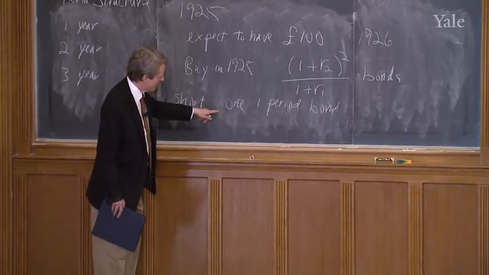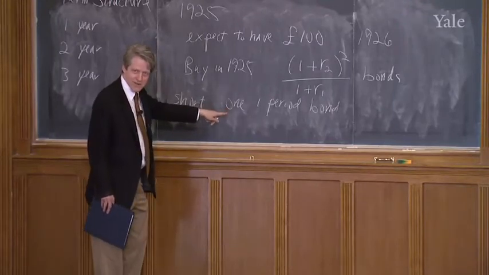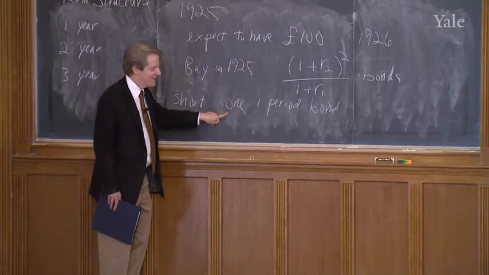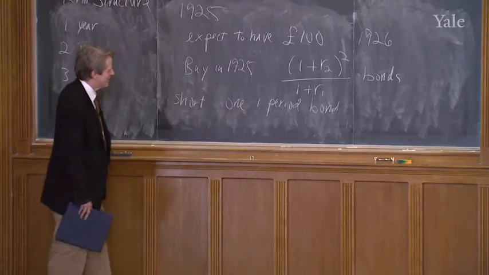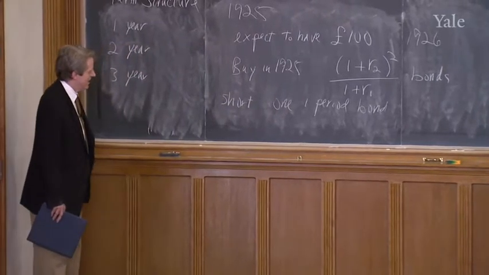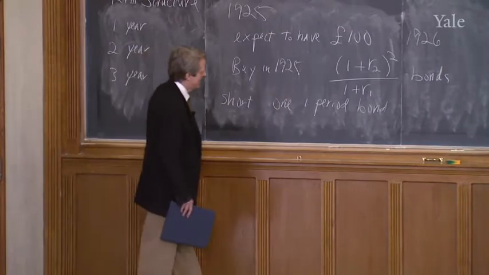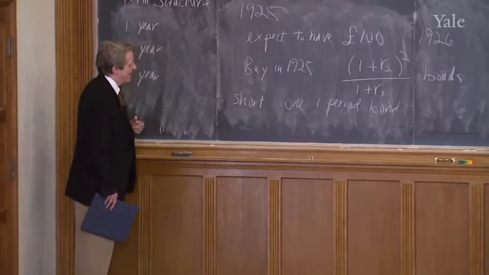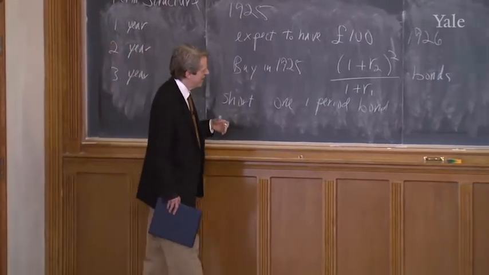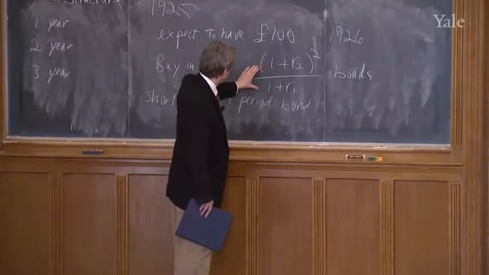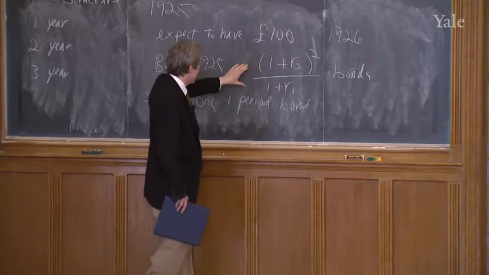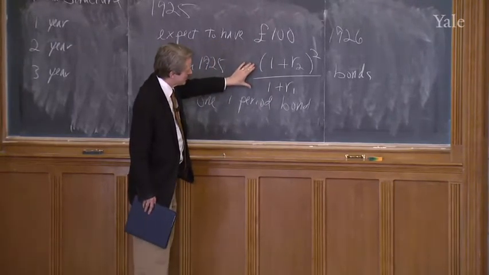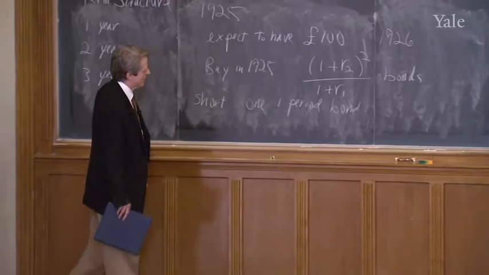Well, after 1 period, I owe 100 pounds, right? Because I just shorted 100, a 1 period bond. And so I pay 100 pounds. That's like investing 100 pounds. At the end, I get this amount times 100 pounds, right? Because this is the number of bonds that I bought.